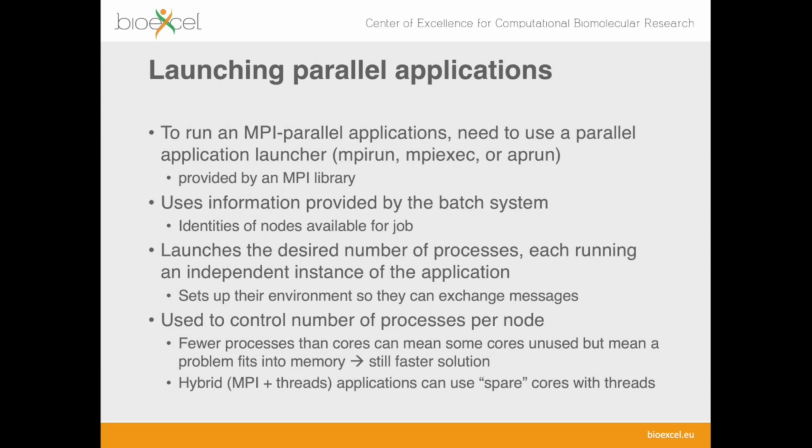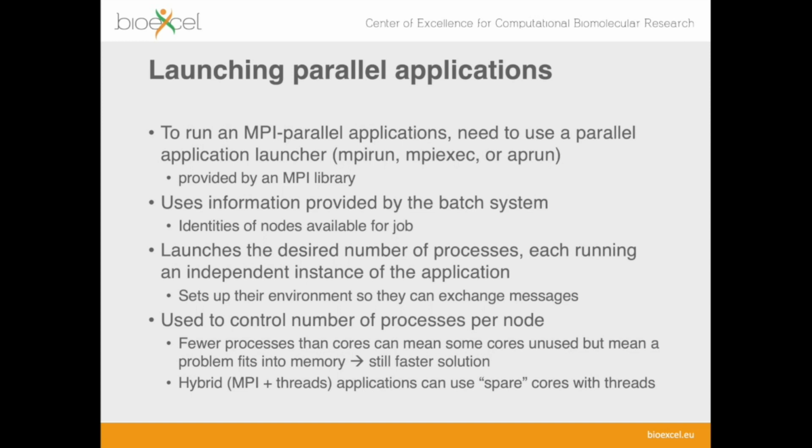What the parallel application launcher does in each case is launch the desired number of processes, i.e. the desired number of instances of your application, which we expect are going to communicate by passing messages using MPI. The parallel application launcher is responsible for setting up the whole software environment that allows these processes to communicate.